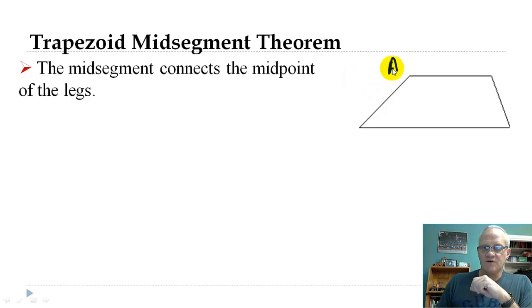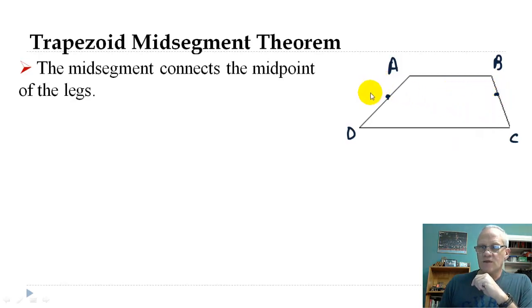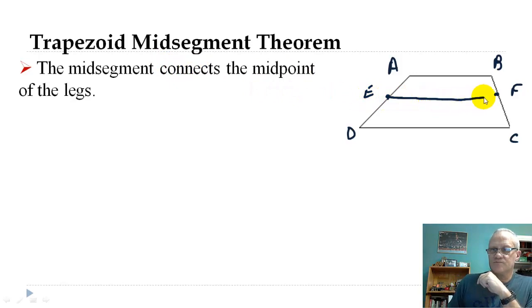So I'm going to call this A, B, C, D, and then I'm going to take the midpoint of AD, and the midpoint of BC, and I'm going to call these E and F. So the mid-segment will just connect those midpoints. Okay, so EF is the mid-segment.